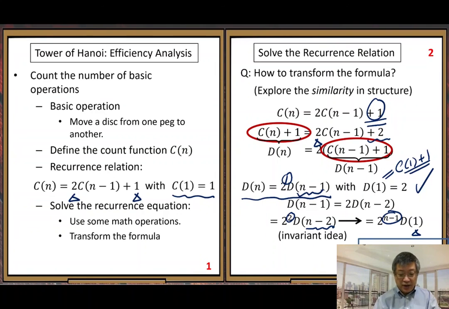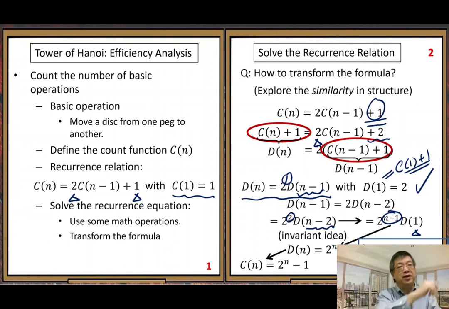All right. So at the end, because d of 1 equals 2, 2 times 2 to the n minus 1 power, so we get d of n equals 2 to the n. And the last step, we go back to the c function, we get c of n equals 2 to the n minus 1. So that is our solution.